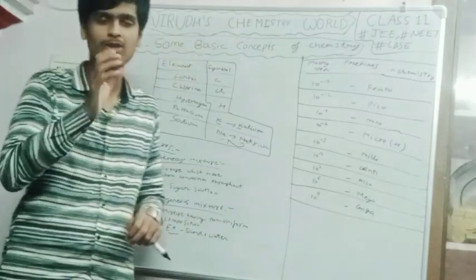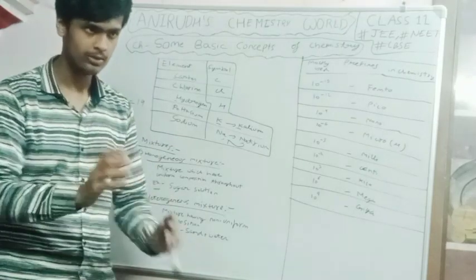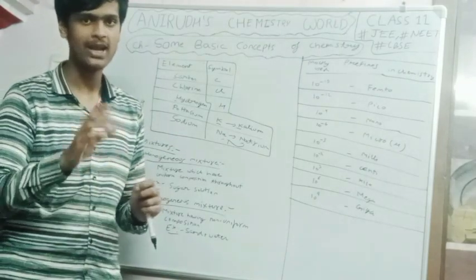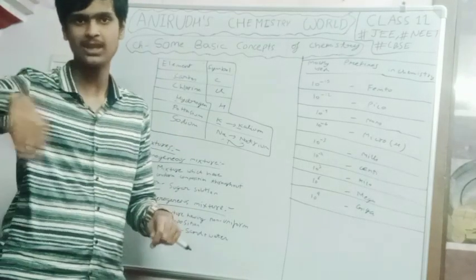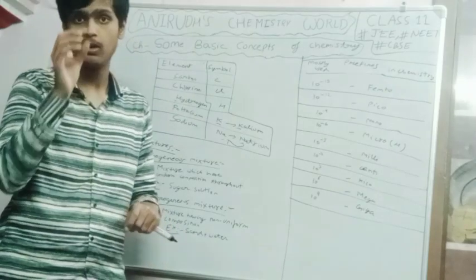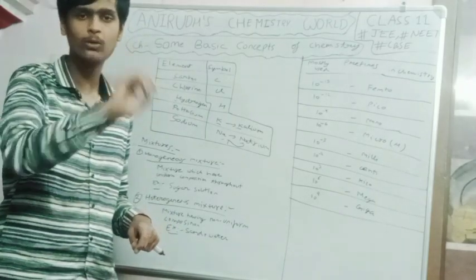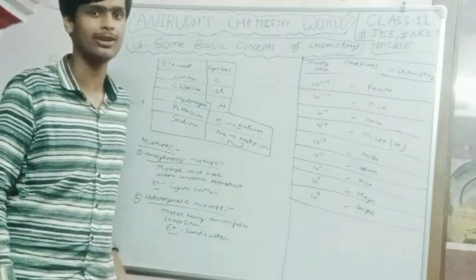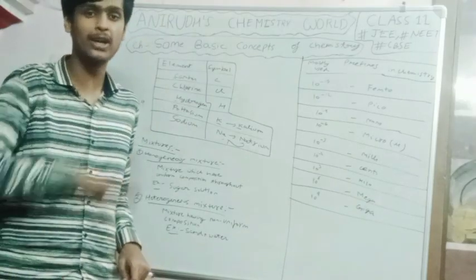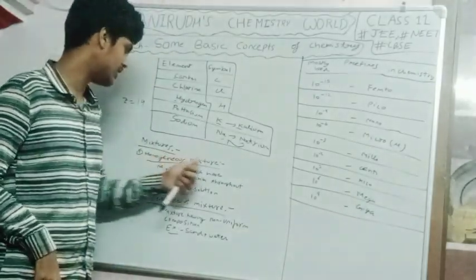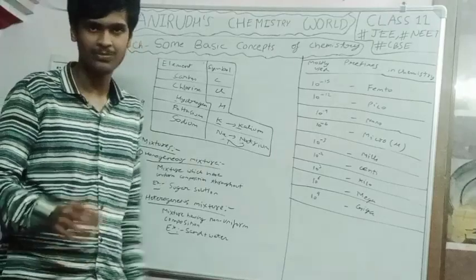If you observe a sugar solution, what is a sugar solution? Adding sugar to the water and stirring it well, where you will never notice even a single crystal of sugar. It will be uniformly spread out. The best example of a homogeneous mixture is sugar solution.